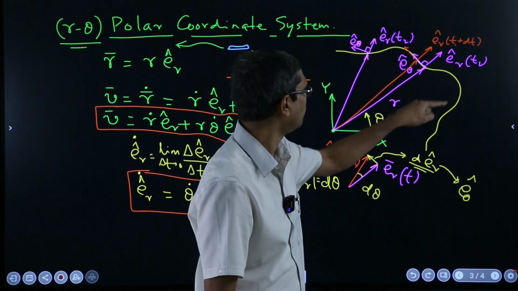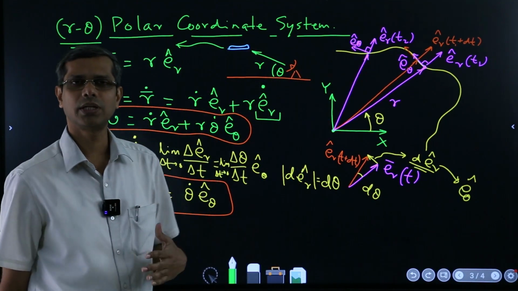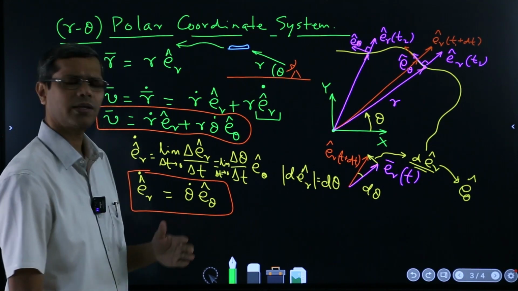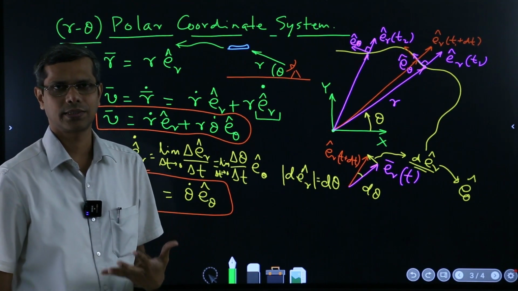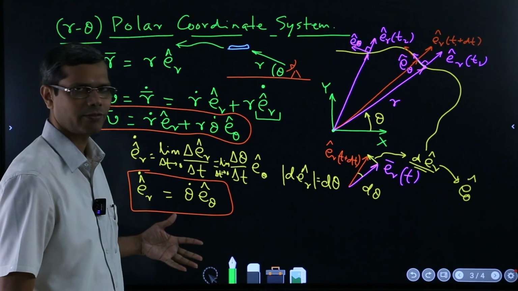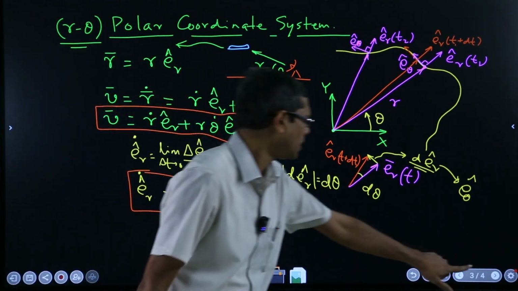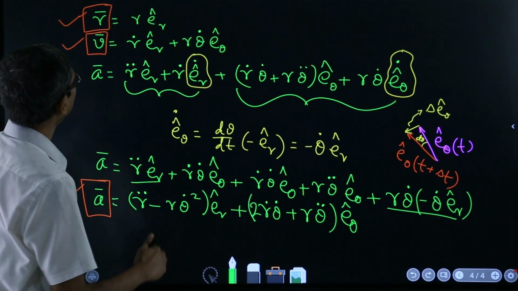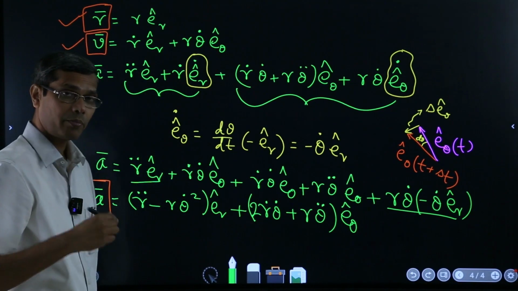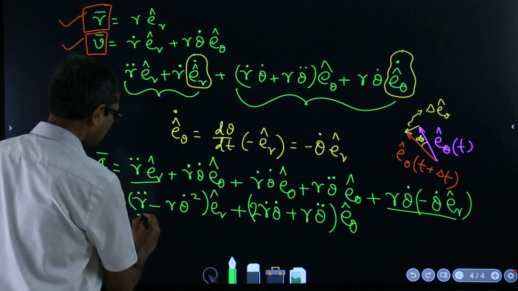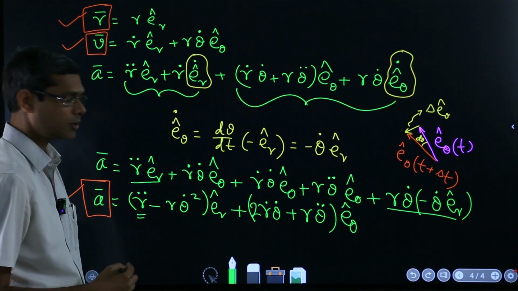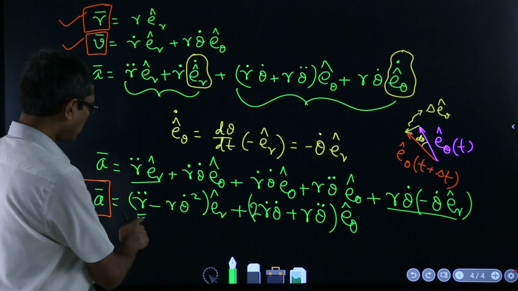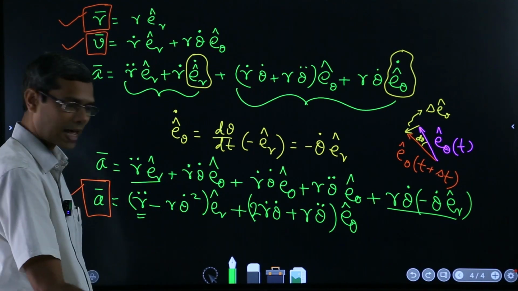A particle could be moving in any arbitrary motion, and it is just another coordinate system like your x, y or the Cartesian coordinate system, through which you are just representing everything, and then by that you are getting the acceleration. And because you are measuring these things, you remember the radar problem, you are measuring r continuously over time, so you can always calculate r double dot from that.